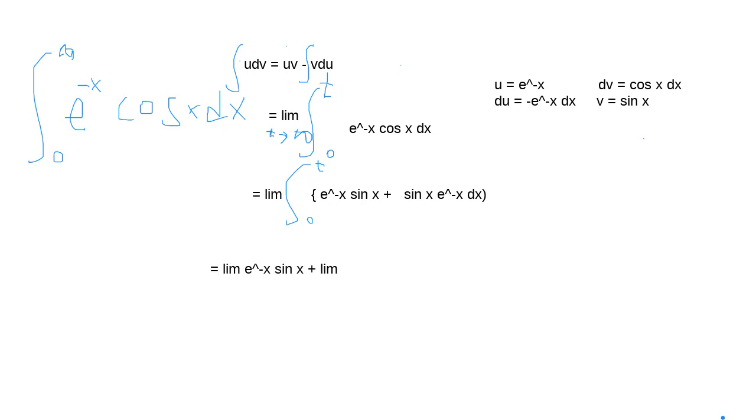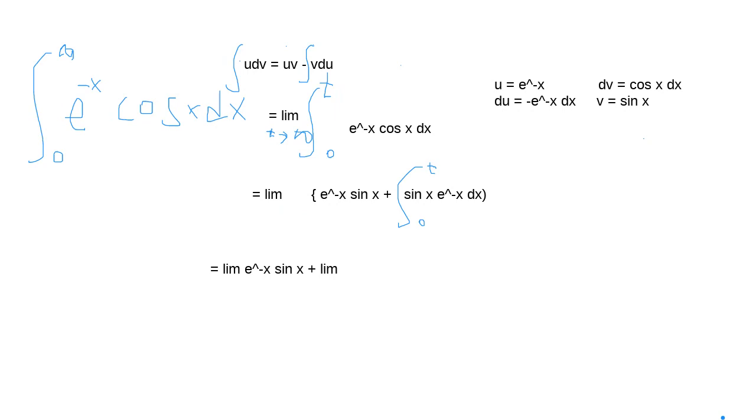Hold on a second, this is in the wrong spot. This integration sign is only supposed to be here. The first part is u times v: e to the negative x is u, v is sine x, so I have the limit of uv plus the limit of this integral. Now I need to figure out my u and v again.